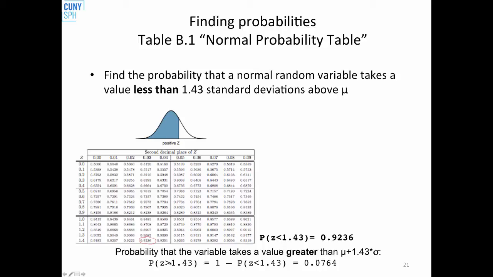So the probability of z being greater than 1.43 is just 1 minus the probability of z below 1.43, so 0.0764. By remembering this rule, you can calculate the other area that's not given by the table just by calculating 1 minus the alternative.